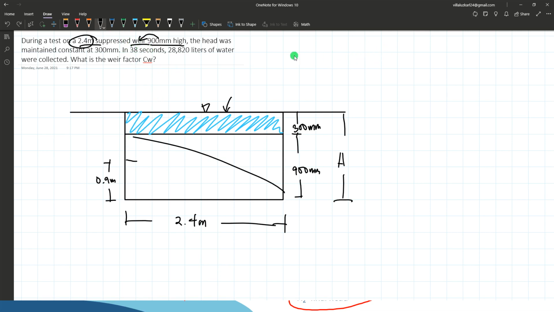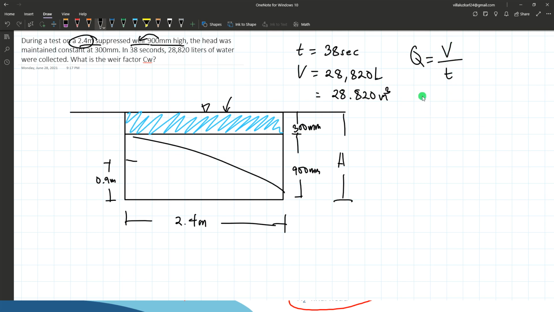It is given here that we have a time of 38 seconds. It collected a volume of 28,820 liters. So if we convert that to cubic meters, that's divided by 1,000, that's 28.820 cubic meters. Discharge is equals to volume with respect to time.